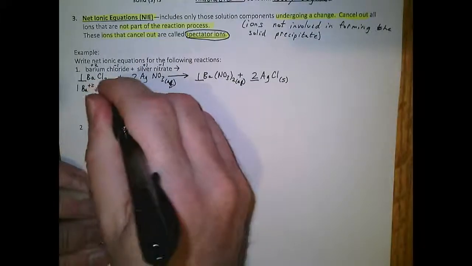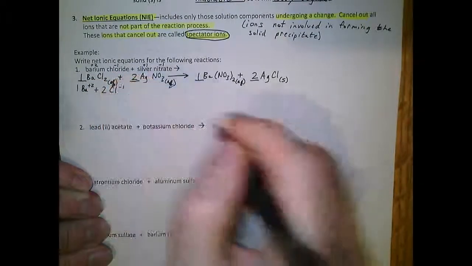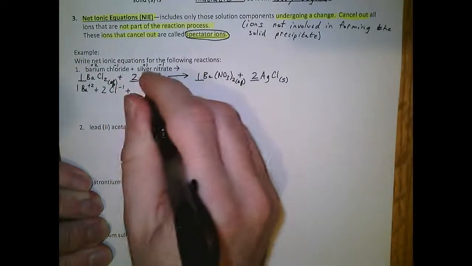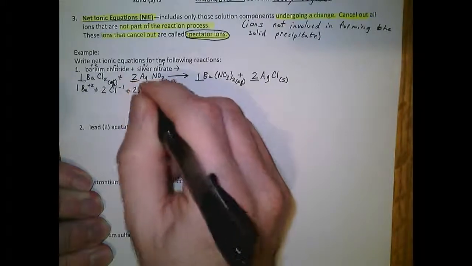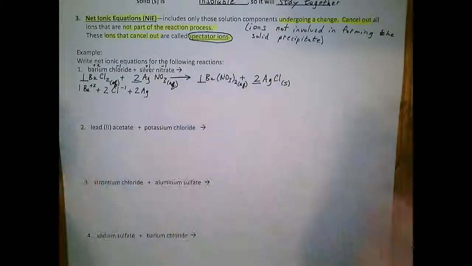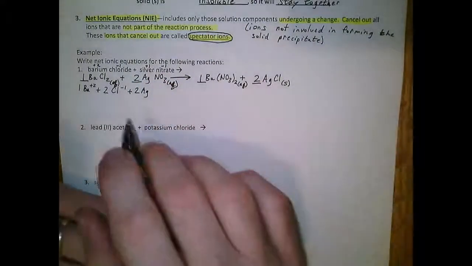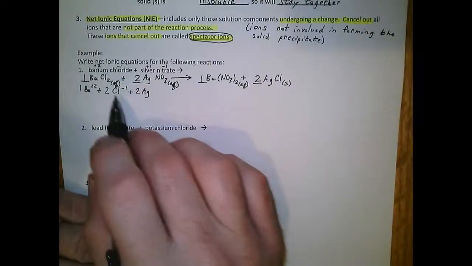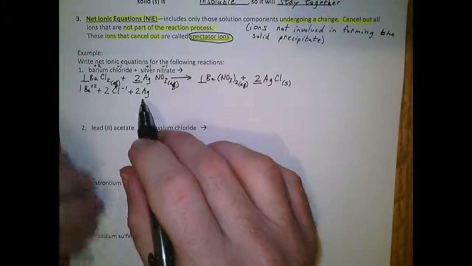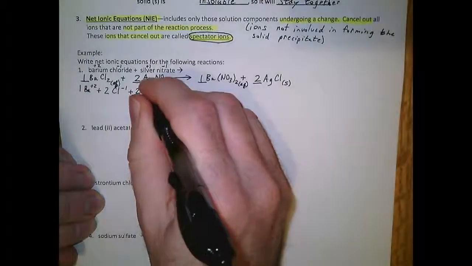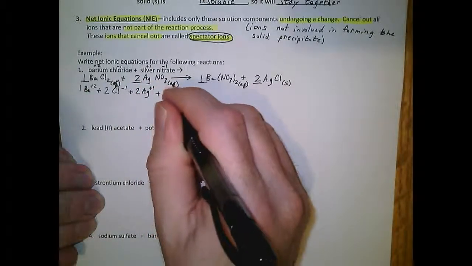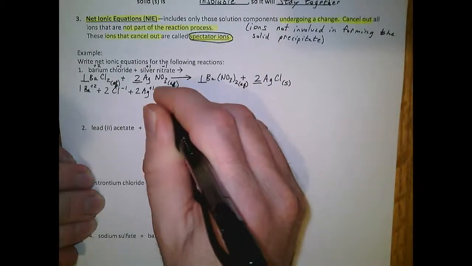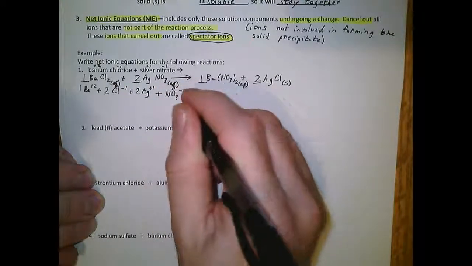Got 2 Cl -1 plus, okay, now I've got 2 Ag. And you've got to write the charges or it's not ionic. You have to have an ionic equation. Net ionic means we need to see those charges. 2 Ag, Ag has a +1 charge. Okay. Plus nitrate, we're going to write NO3, which is nitrate, -1 charge.